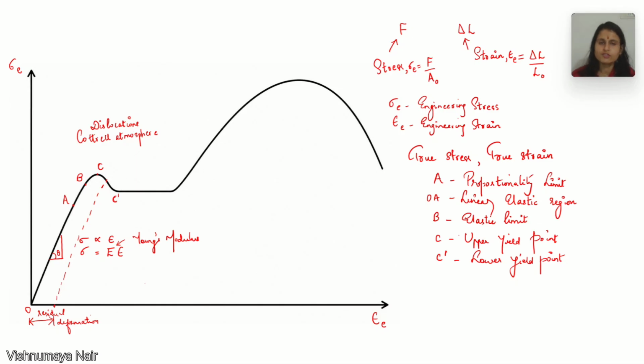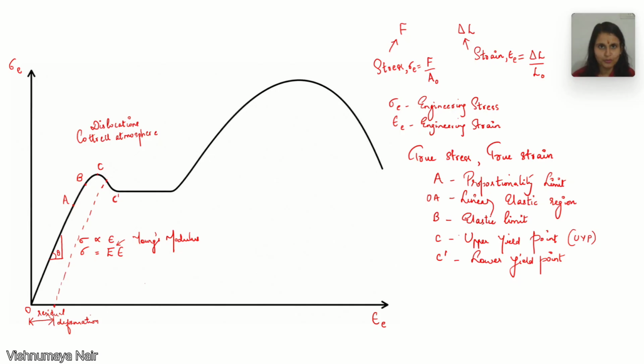So a high value of stress will be required to break this Cottrell atmosphere so that the dislocations are free to move. So as we further stretch the specimen, we reach a particular value of stress here at point C, that is the upper yield point. Once we reach the upper yield point, there is enough stress to break this Cottrell atmosphere. So dislocations will be able to unpin themselves from the Cottrell atmosphere and they are now free to move.